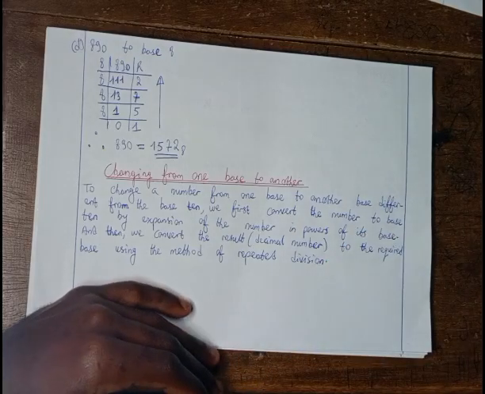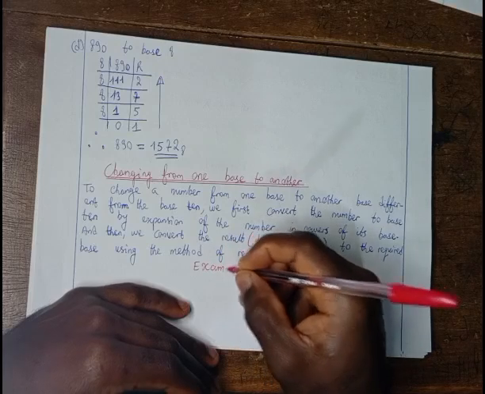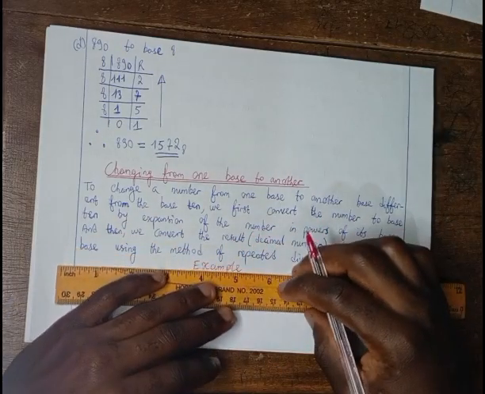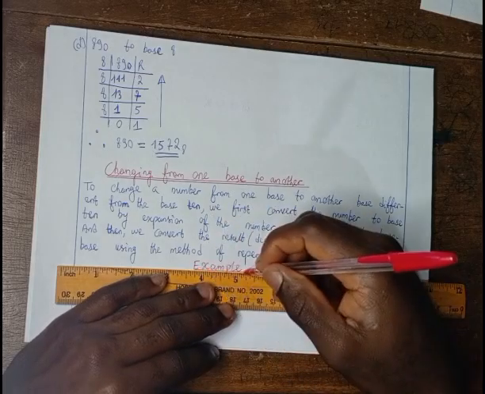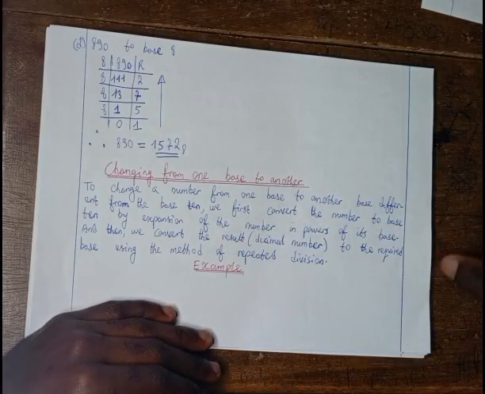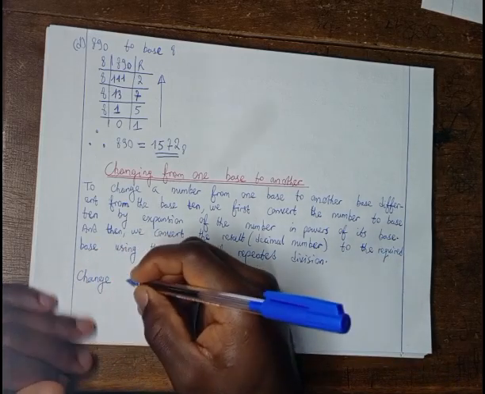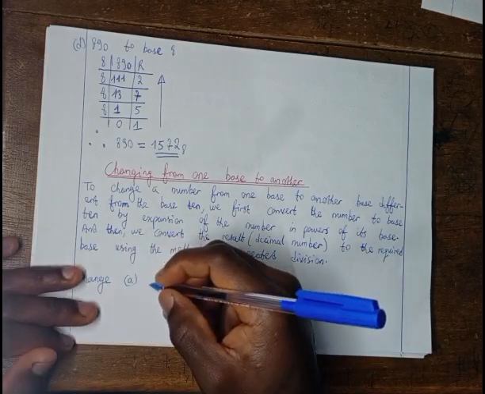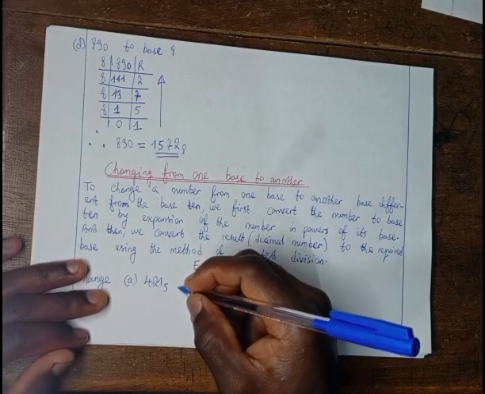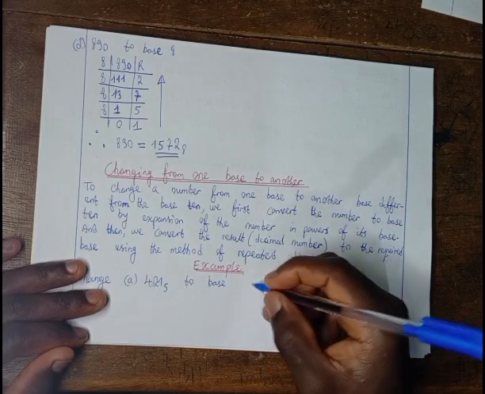Let's take an example on this. The example will carry everything we have just written above. Example: change. Question E, we have the number 421 in base 5 to base 4.